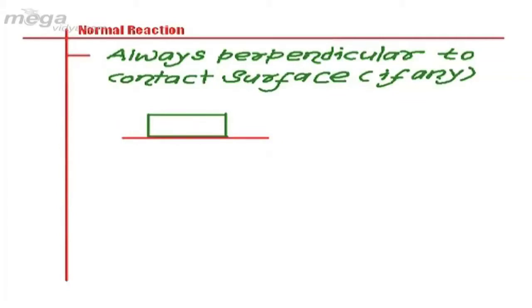Here, this red surface is the contact surface to which this body is in contact. So, if the contact surface is this, then normal reaction will act perpendicular to it.